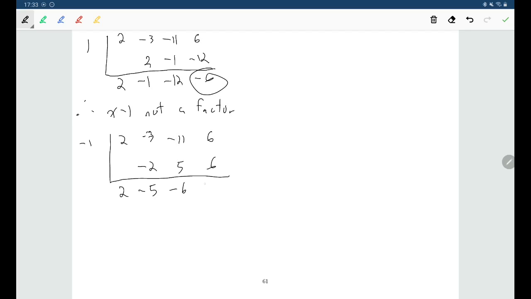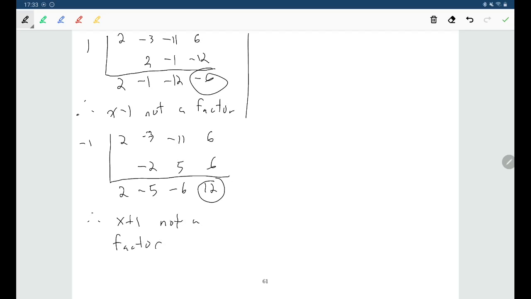Now, you do have to be careful, of course, because it's very easy in the haste of multiplication to make a mistake during synthetic division, or even just evaluating your function. So it's worth double checking the calculations that you do, the multiplying and adding and so on. So here I've got another remainder that is not 0. The remainder would be 12, so that tells me that x plus 1 is not a factor.